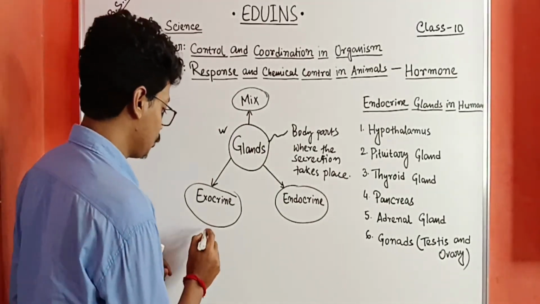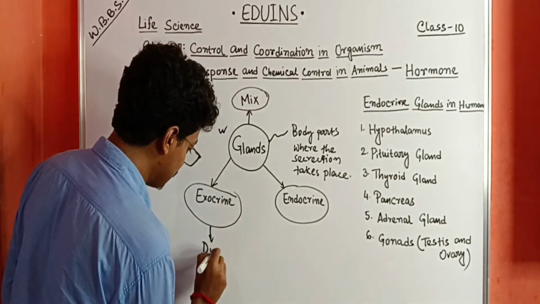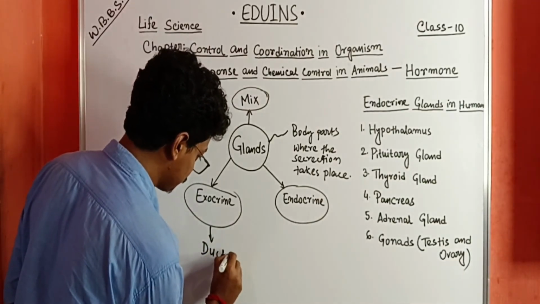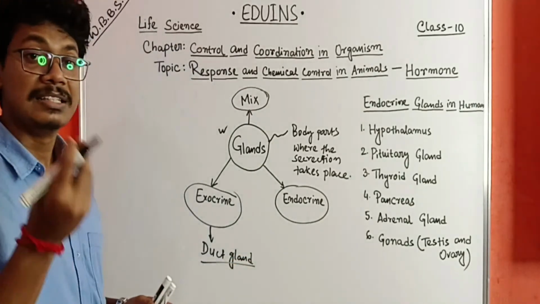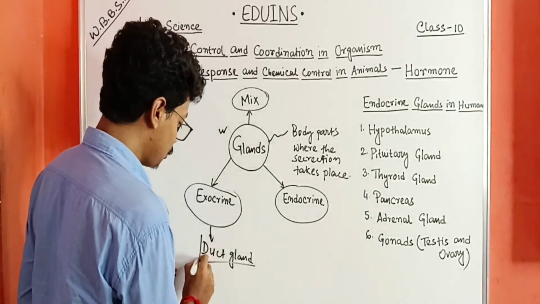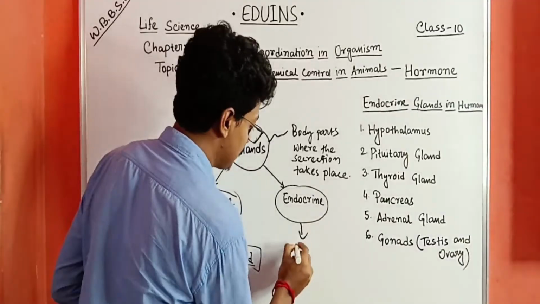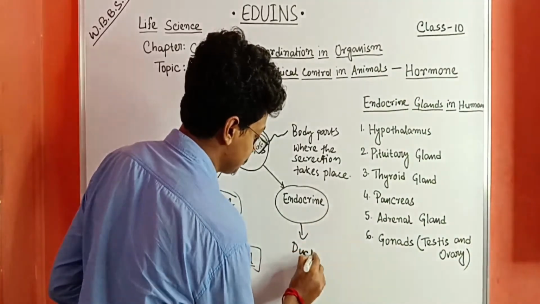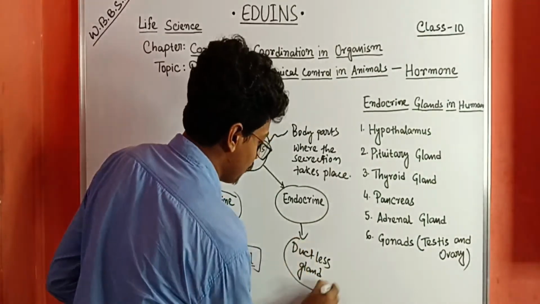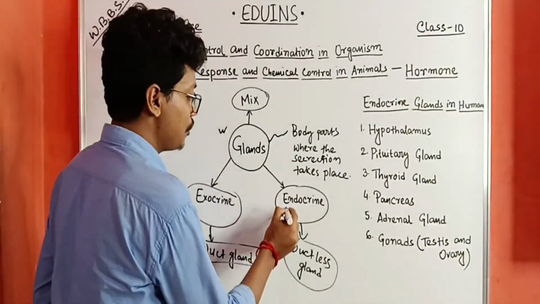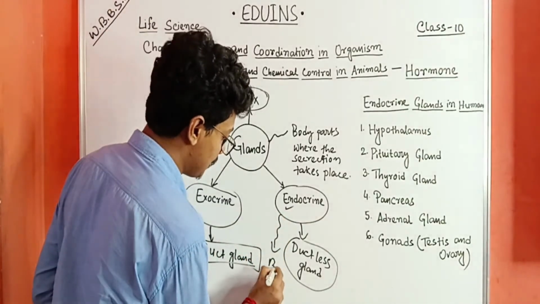Exocrine glands are called duct glands. What is a duct gland? They secrete their secretion through a duct. The endocrine glands are the ductless glands. What is ductless? Endocrine glands secrete their secretion directly into the body fluid.